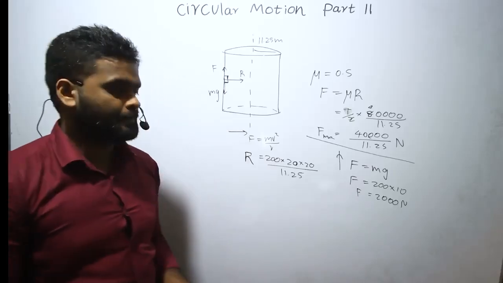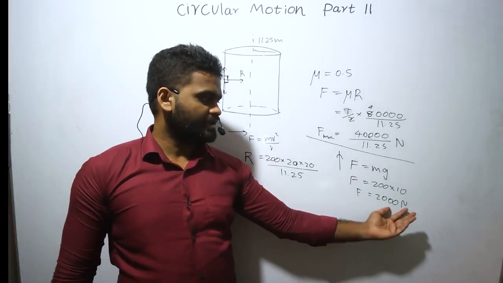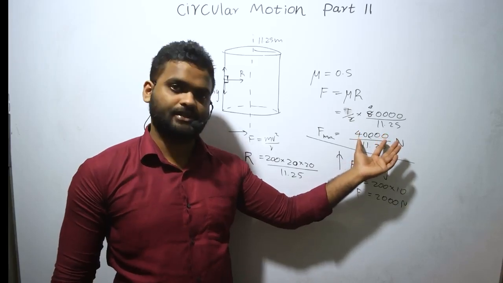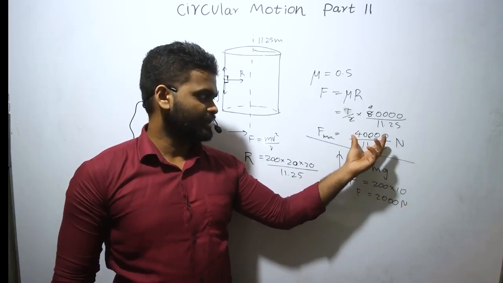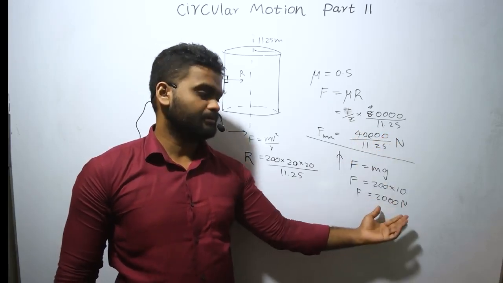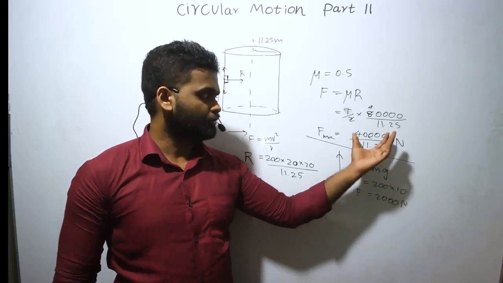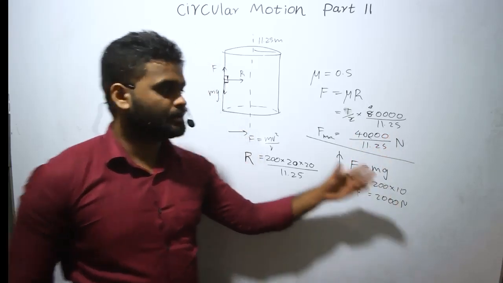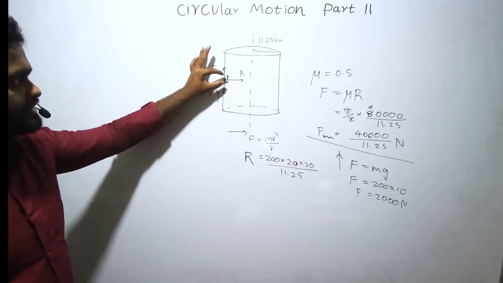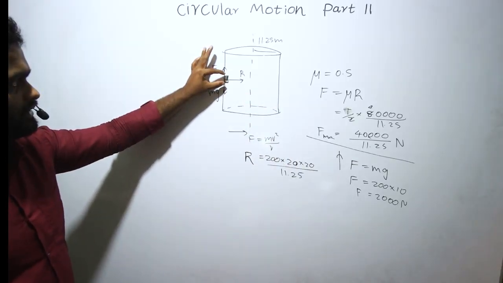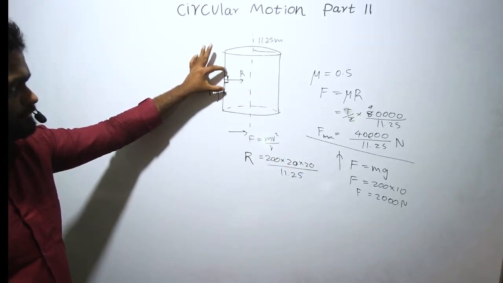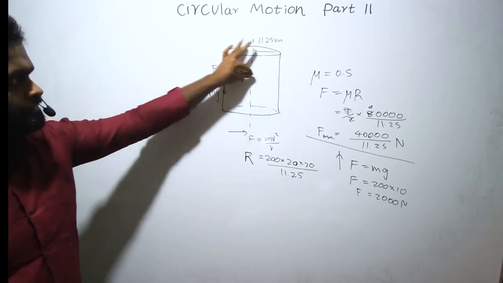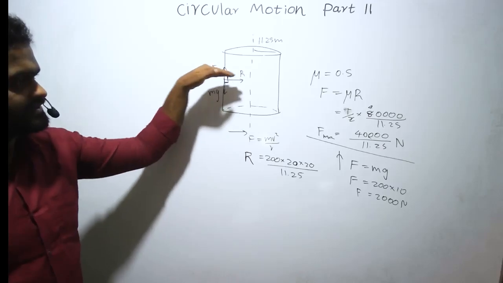Got it? Now the friction required is just 2000 Newton. We don't need this much friction, right? Even if you divide this, you can see that this is a larger value compared to 2000 Newton. So you don't need this much friction. This much friction is enough to keep the motorcycle balanced vertically, right? So it would have the circular path, horizontal circular path.